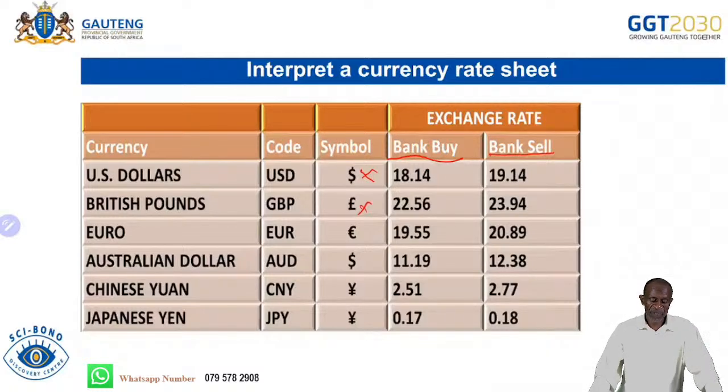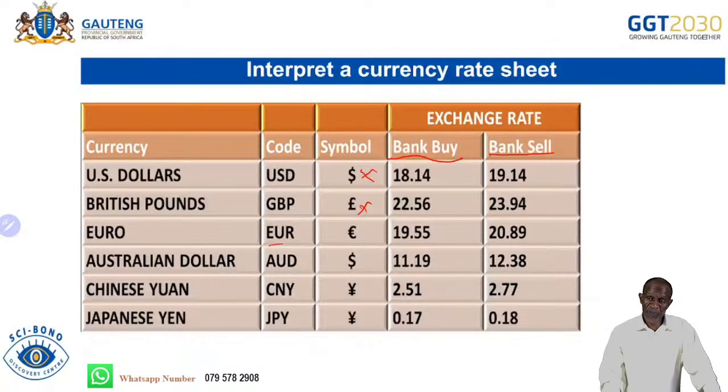The euro is used by a group of European countries. They have agreed to use a common currency across the different countries in Europe. So here is the code, EUR.